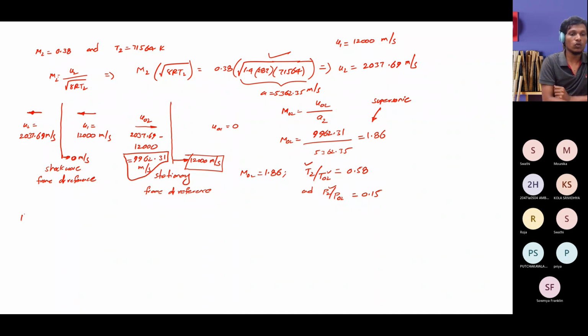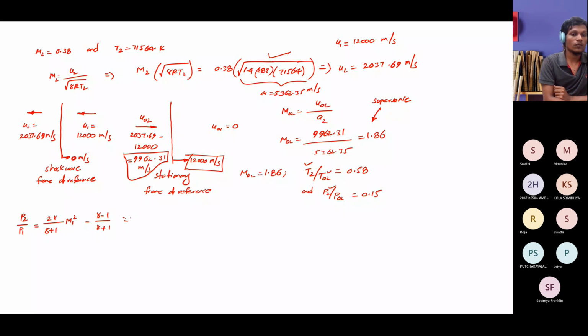We again can use the shock wave relation, that is P2 by P1 equals 2 gamma by gamma plus 1 times M1 square minus gamma minus 1 by gamma plus 1.